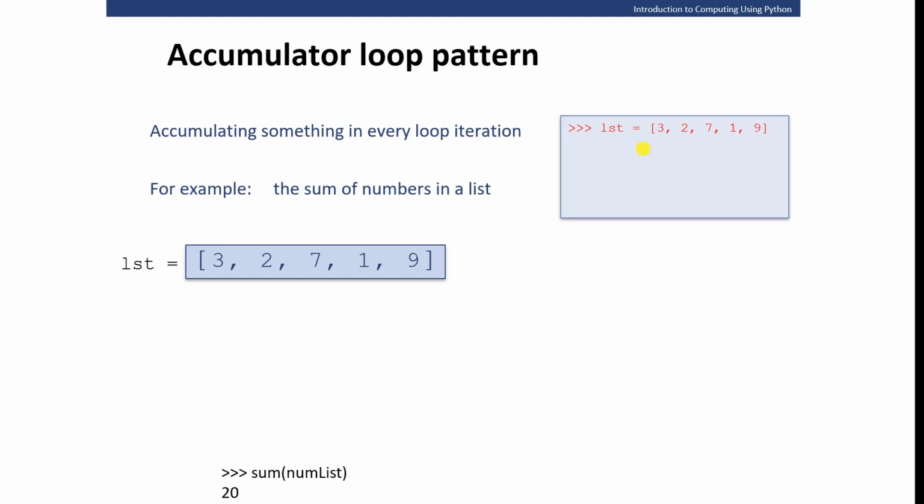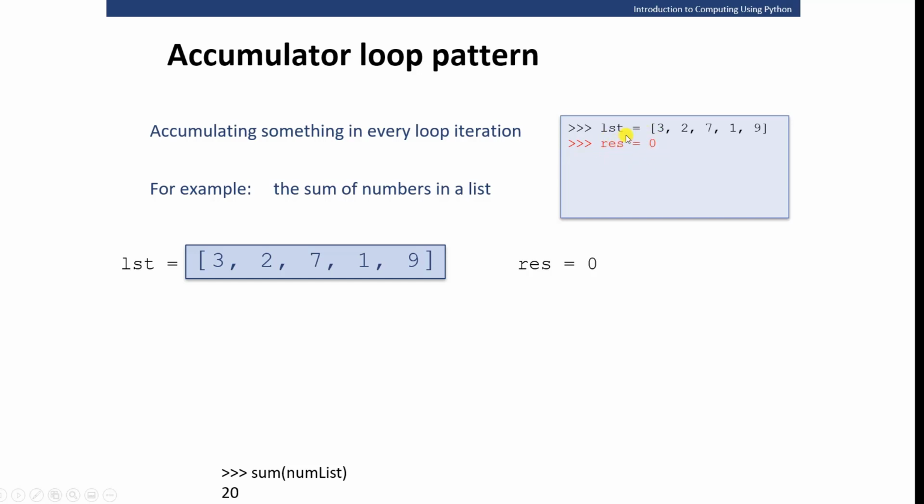Another useful loop pattern is called the accumulator loop pattern, in which we can assign a variable. That variable can be used for multiple purposes. In our case here, we would like to write code with which we can find the sum of a given list.